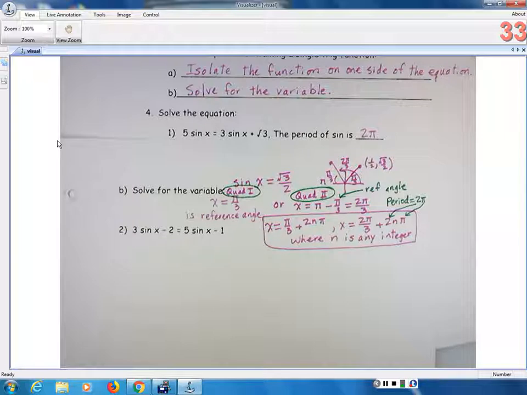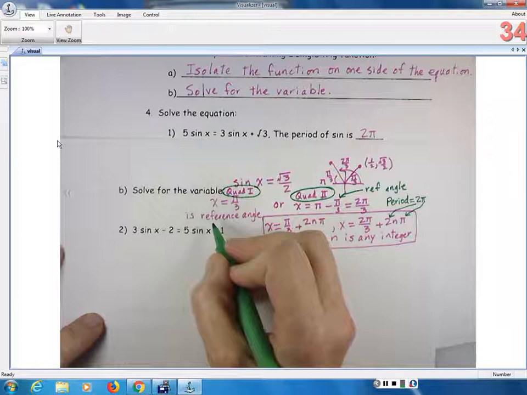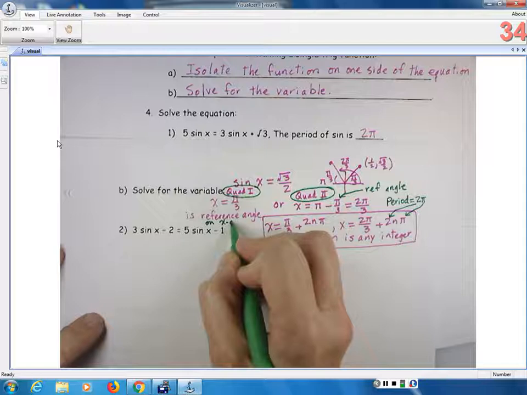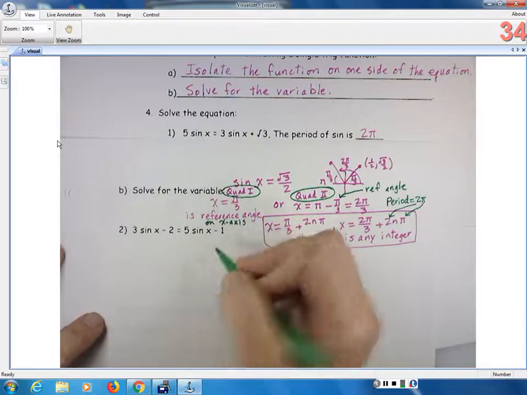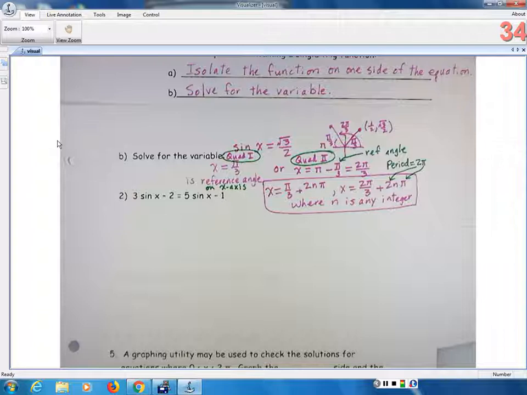But you do need to remember the reference angle is against the x-axis, on one side of it. All right, we'll do another example.